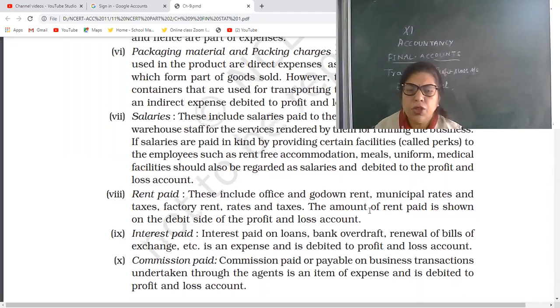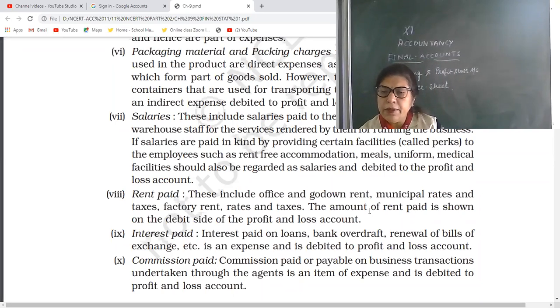It includes office and ground rent, municipal rates, taxes, factory rent and rates and taxes. So every rent paid amount is shown on the debit side of profit and loss account.